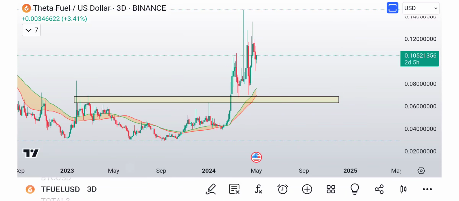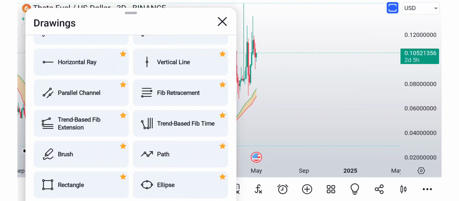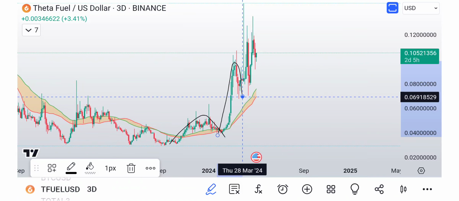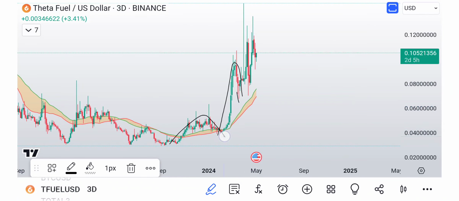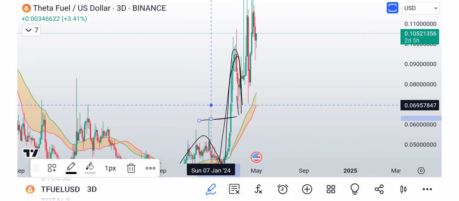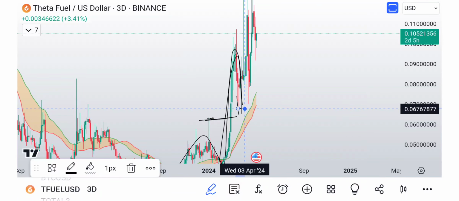So I still consider it to be, we have a 1 2, and then we also have a 1 2, and I guess you could say this is a 1 2 because this wick here almost hit that wick.